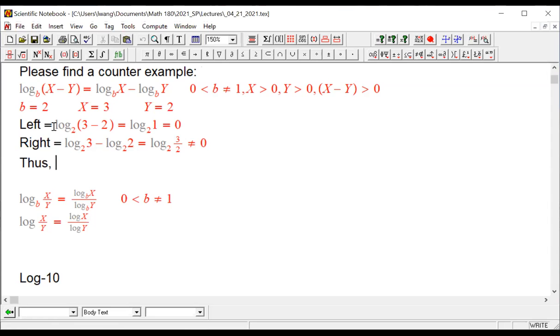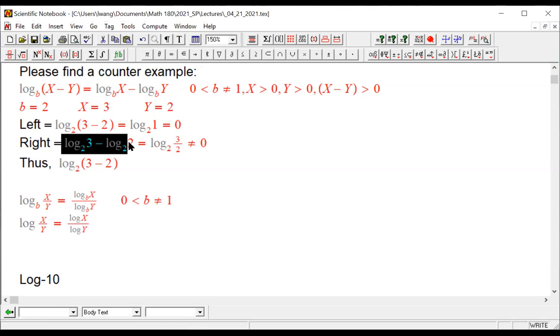In this case, these two are not the same, right? False ones, false.